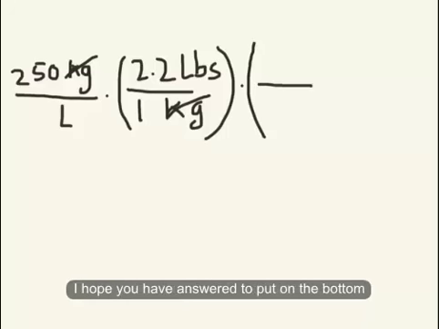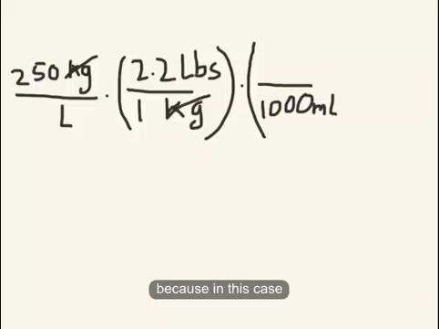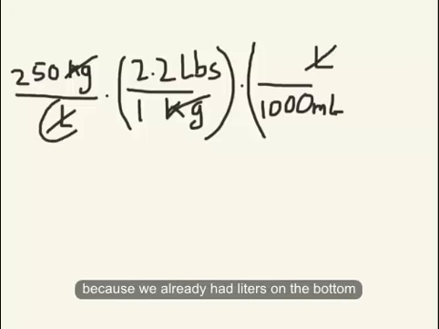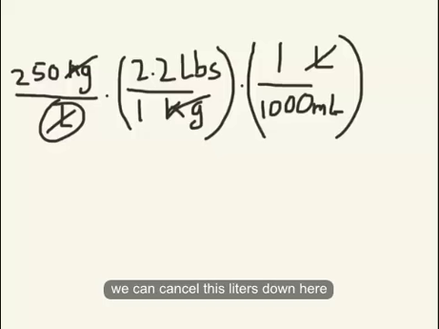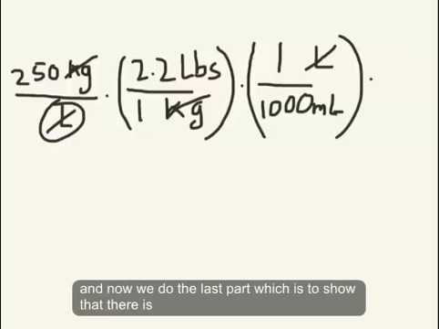I hope you have answered to put it on the bottom, because in this case it allows us to cancel the liters, which we already had on the bottom, and when we put a liter on the top we can cancel out liters.